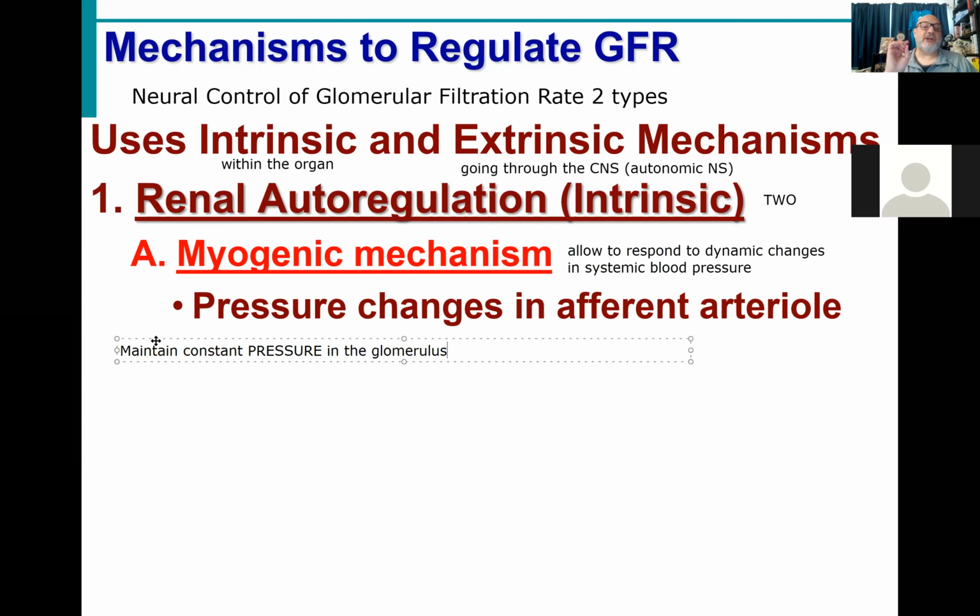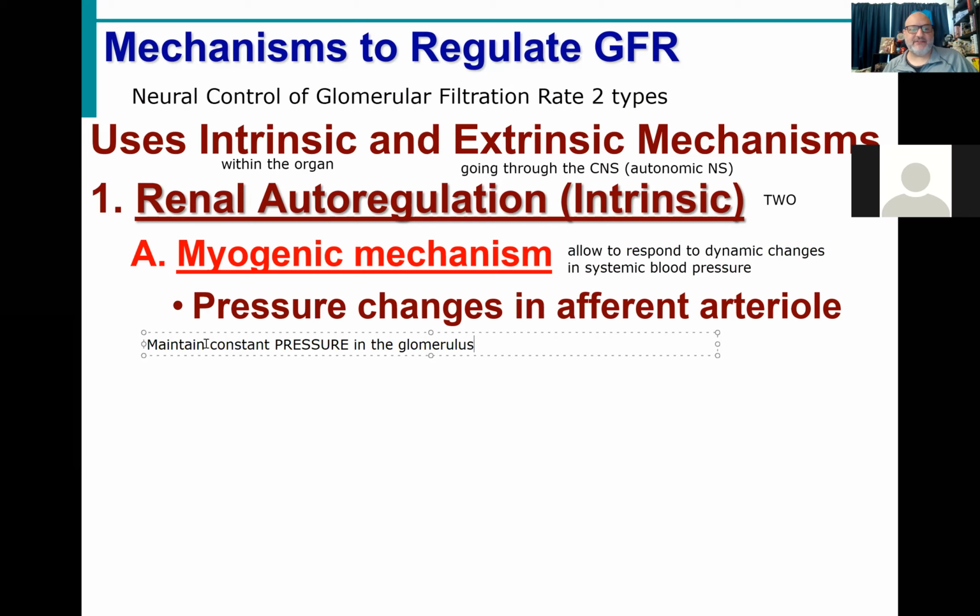Notice we're not talking about flow here. In this case, we're talking about pressure. So that can help us to understand what's going to happen. Oh, and I guess there's one more key point I have to mention about this. This is going to help us maintain constant pressure in the glomerulus. And this myogenic mechanism occurs in the afferent arteriole.